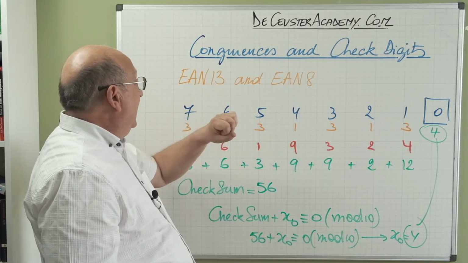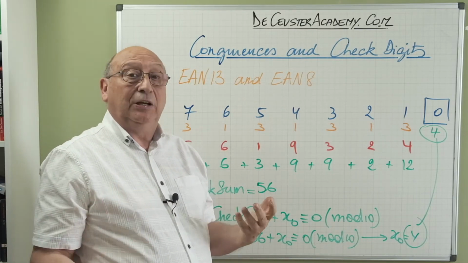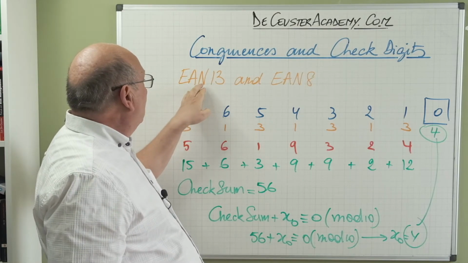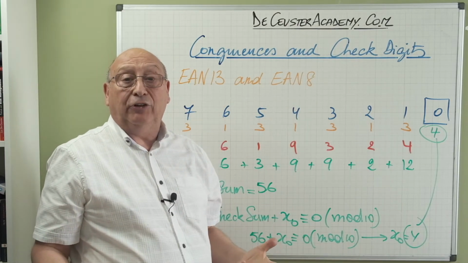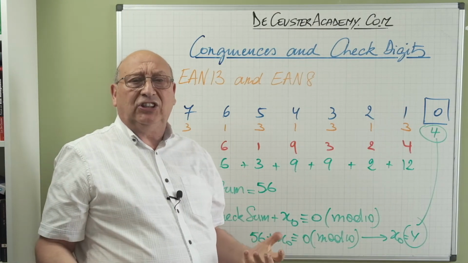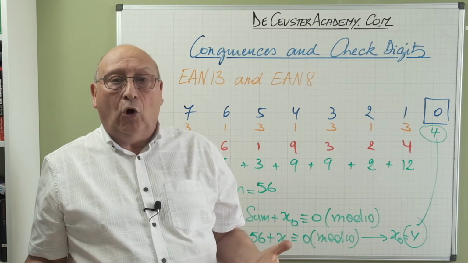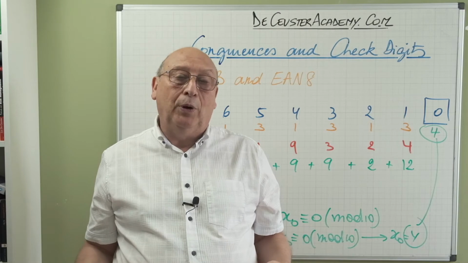Remember, EAN13 and EAN8 are basically similar. The only thing is that we use the EAN8 when we don't have enough space to put an EAN13. If you're interested in all those standards, in all those barcodes that exist, you can find them on the GS1 website.